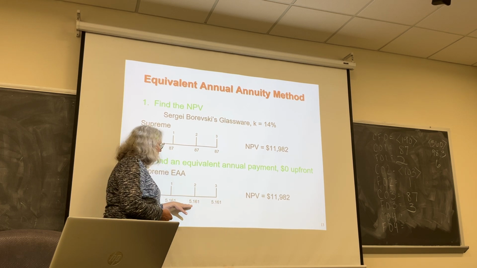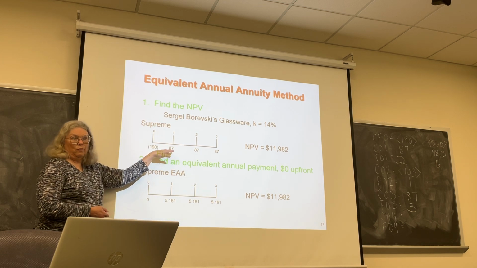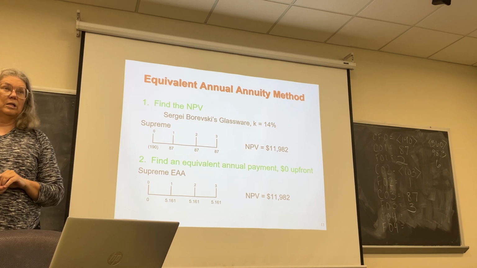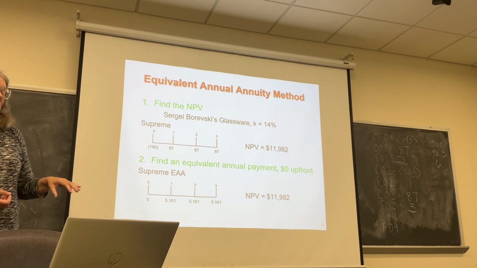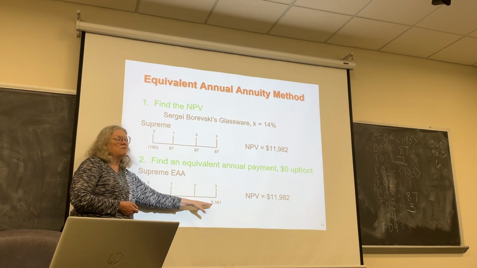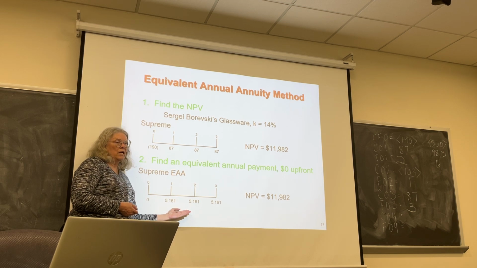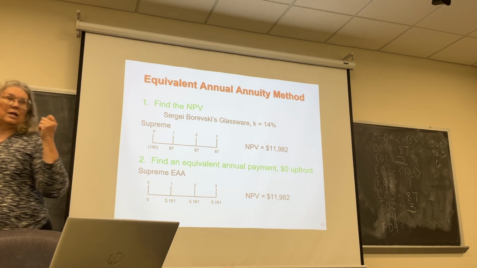Right? This is the equivalent to this cash flow. Okay? So this is not what's happening, but this is the equivalent NPV, so we can use this to compare and analyze. Does that make sense, Smith?